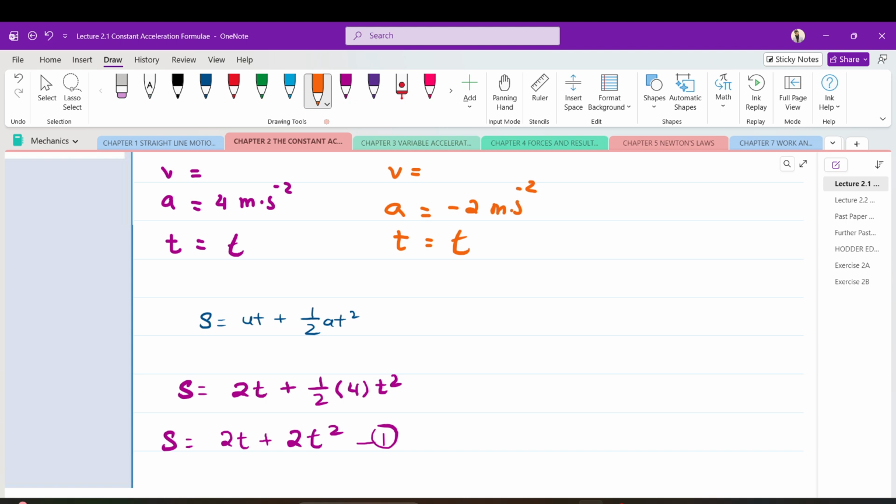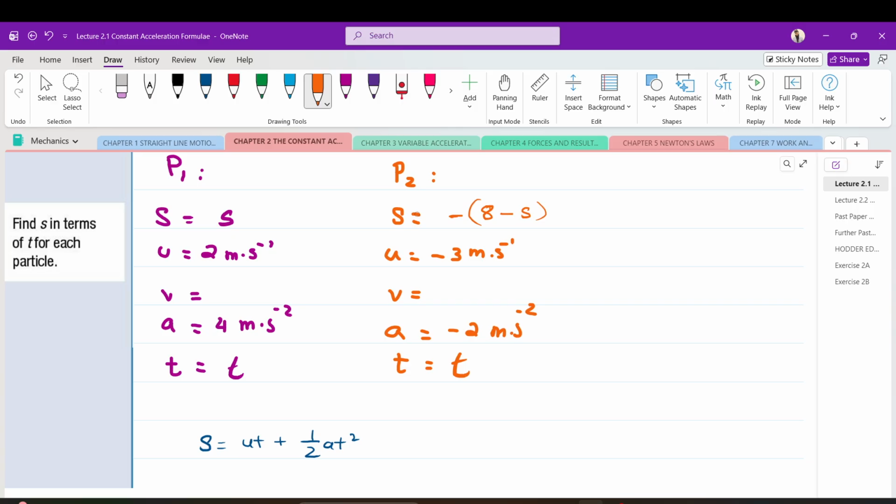As for this one, again, we'll apply the same formula. So I'm going to write S is equal to, sorry. Now the displacement for this one is going to be minus. Let me simplify this a bit. This becomes minus 8 plus S, so I can write this as S minus 8.